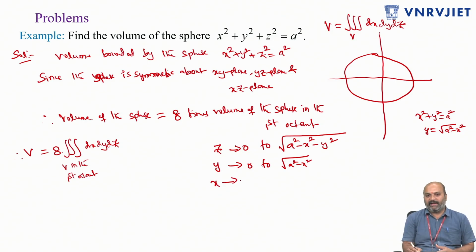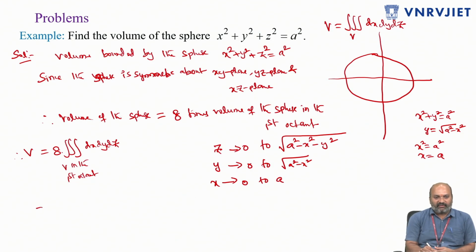Let's come down to a single integral now. Now coming to the x-axis, on the x-axis y equals 0. That is, x square equals a square, so x equals plus or minus a, but we consider only the positive value in the first octant. Therefore x varies from 0 to a.